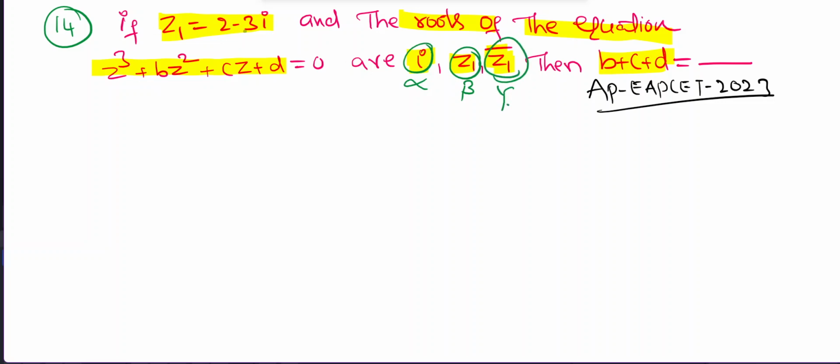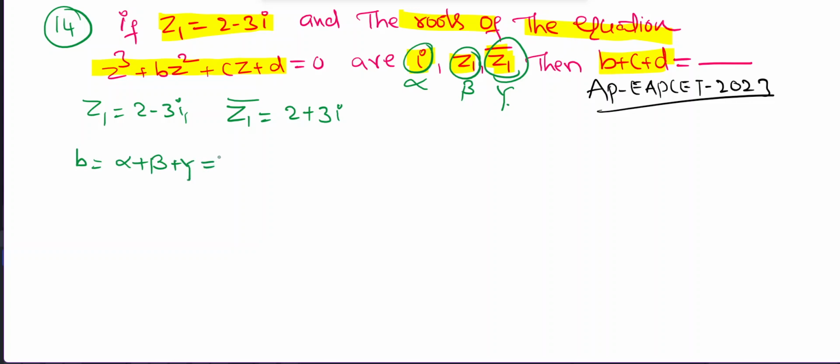Here z1 is given, that is z1 is 2 minus 3i. So the second root z1 bar is the conjugate of this value, that is 2 plus 3i. This is z1 bar. Here alpha is i, beta is 2 minus 3i, and gamma is 2 plus 3i. For the cubic equation, the formula for b is minus the sum of the roots, that is alpha plus beta plus gamma.